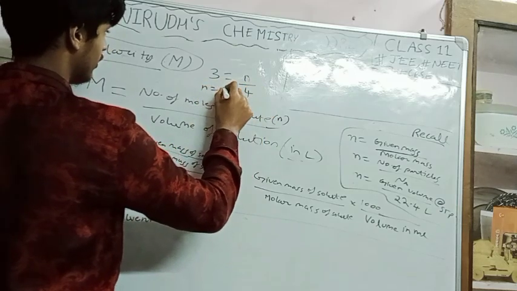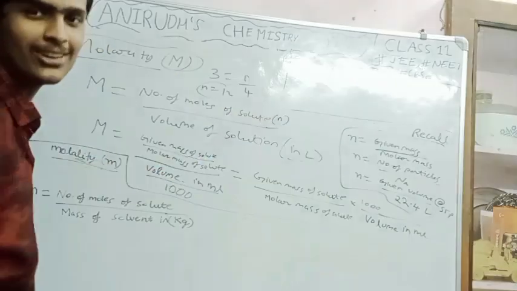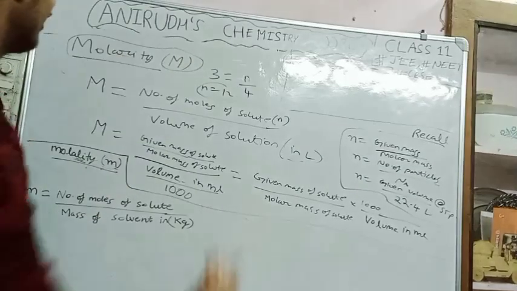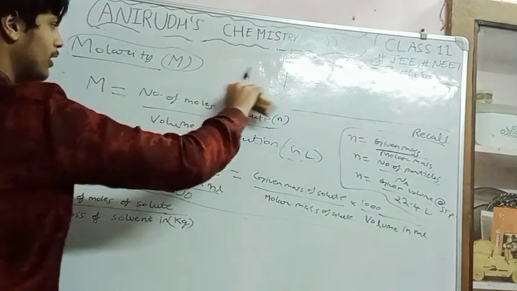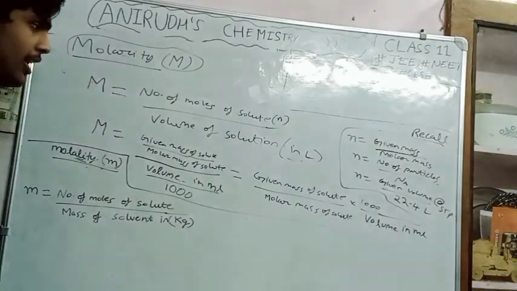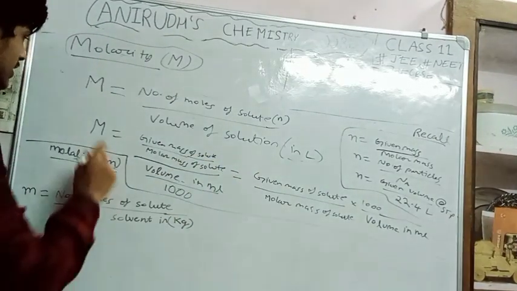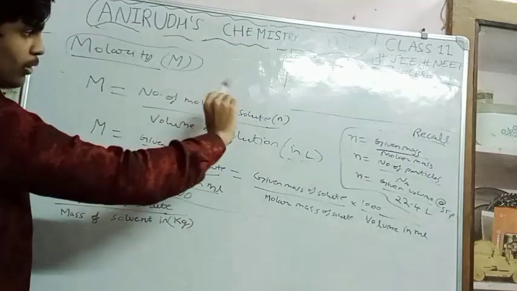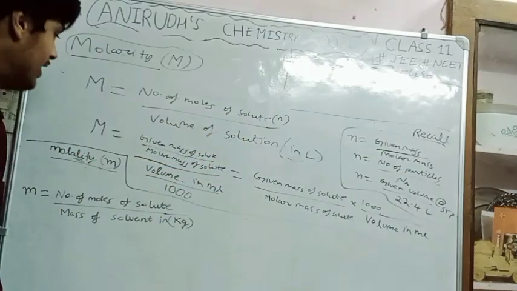Number of moles is 3 fours are 12. No. These type of questions you don't expect. I'm going to tell you about the real case scenario where you will be seeing day-to-day life while solving the problems. Molarity is equal to number of moles of solute by volume of solution in liters.